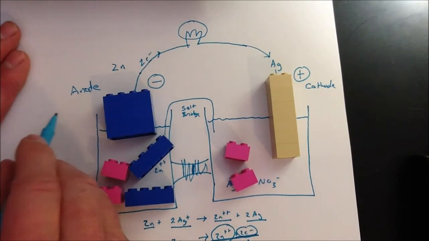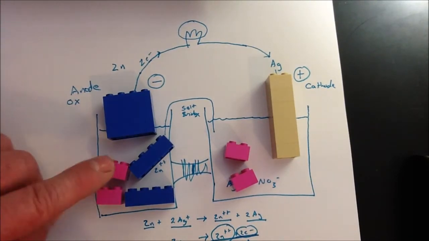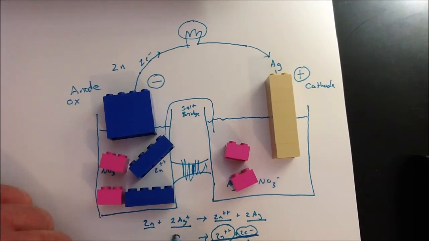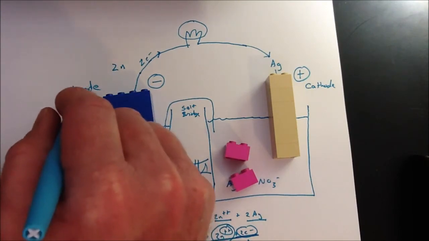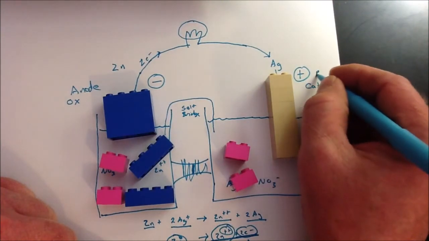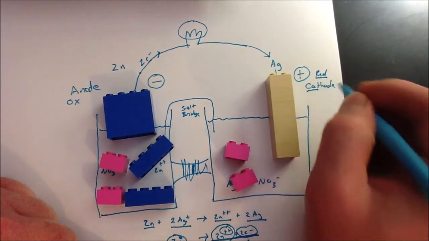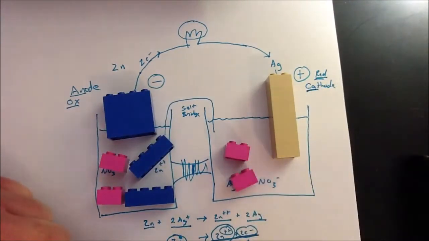And one way to remember that is the anode is where oxidation is occurring. So here's the zinc going from 0 oxidation to a +2. So the anode is being oxidized, so an ox. And what's going on at the cathode is reduction, so red cat. So an ox, red cat, helps you to label those.